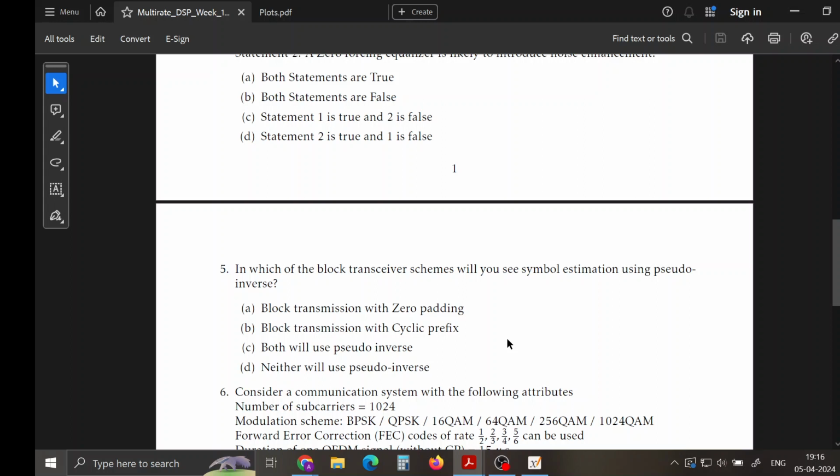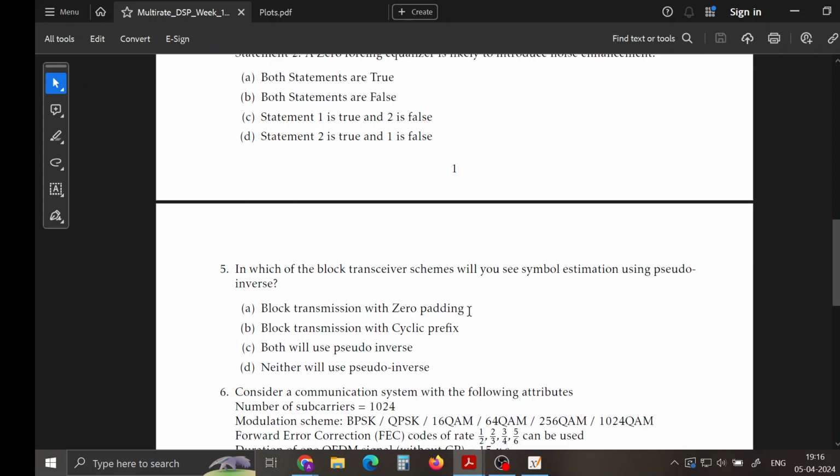I'll just go through the notations in this question for the sake of your revision, but the answer to this question will be block transmission with zero padding. In case of cyclic prefix, due to the circulant nature, we do not have any concept of pseudo inverse.